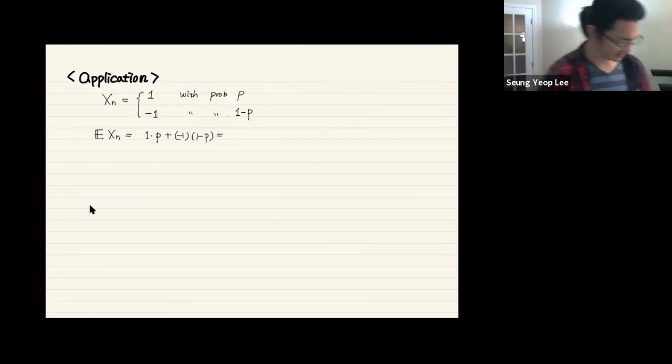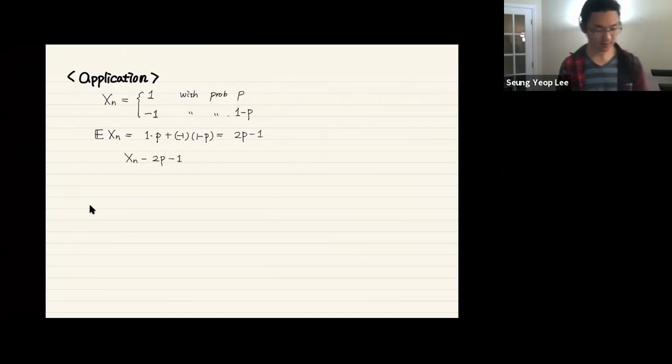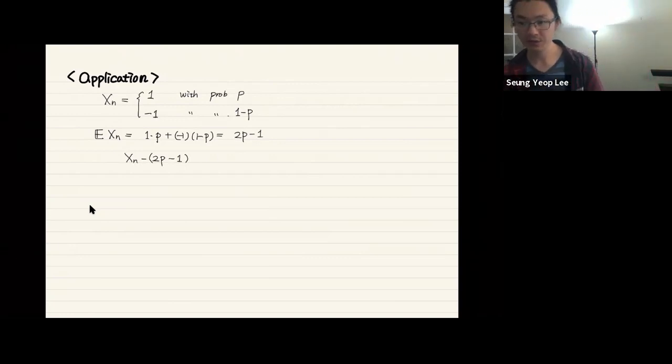Okay, now let's start again. So the expectation is 2p minus 1. Therefore, if I subtract 2p minus 1 from xn, then it's a random variable with mean 0.